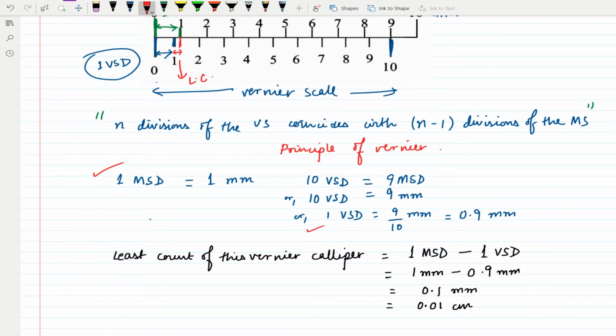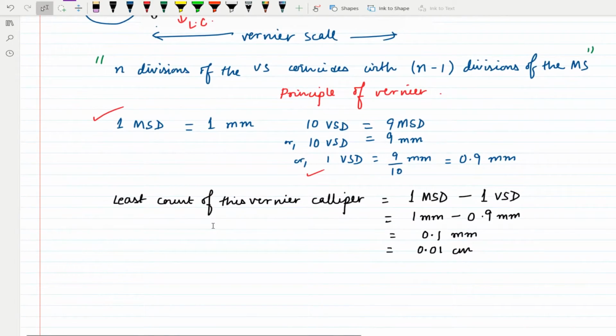So you can see that the least count of the vernier caliper is having two decimal places. Okay, so any reading which we take from the vernier caliper will have two decimal places, so it is more accurate, more precise than a main scale.